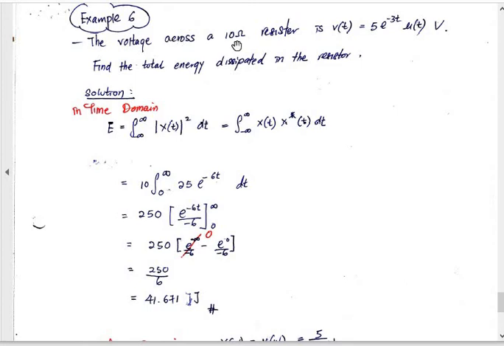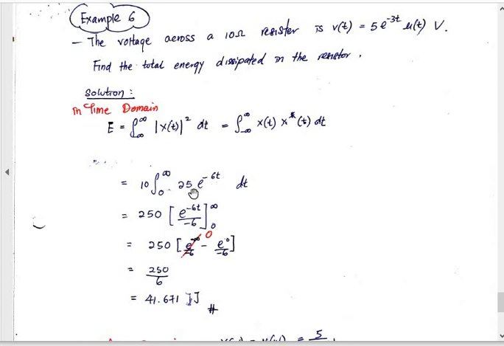And for the voltage across a 10 ohm resistor, you have the constant 10. And then you have x of t, which refers to 5 exponent negative 3t. You square it and get 25 exponent negative 6t.